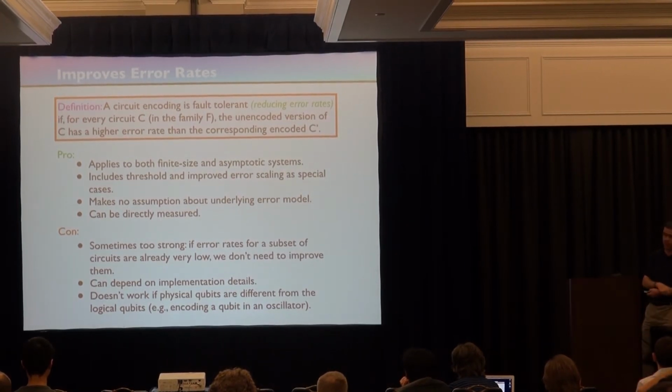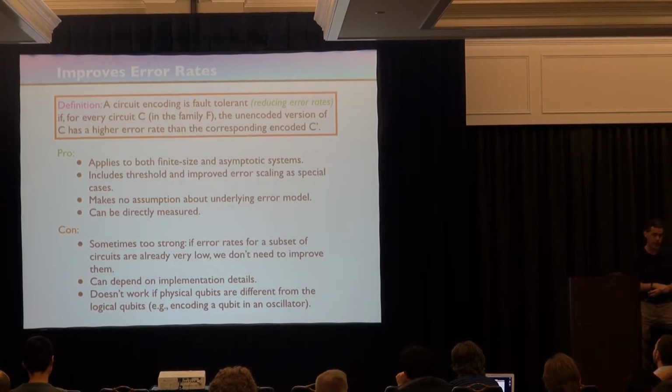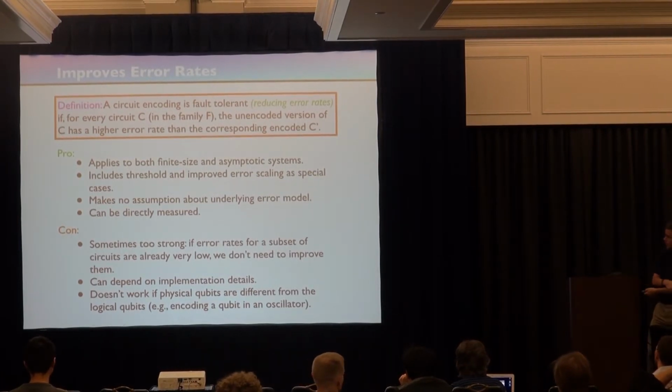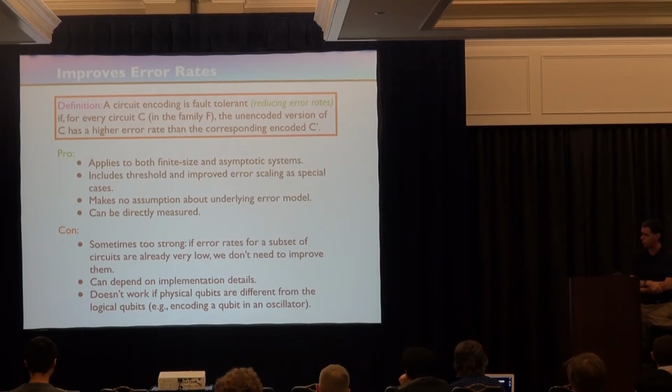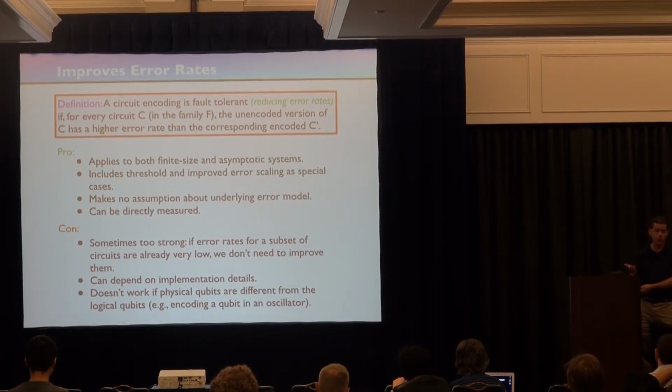But like I said, this is my favorite one, so I've thought about it a lot and talked about it a number of times. And so a number of defects have shown up in this thing. So sometimes, this is something that Ken pointed out, sometimes this definition is too strong. So for instance, if you have some subset of circuits for which the error rate is already quite low.